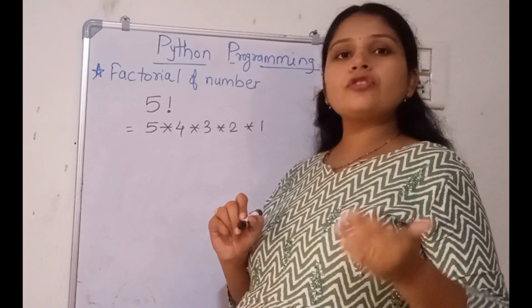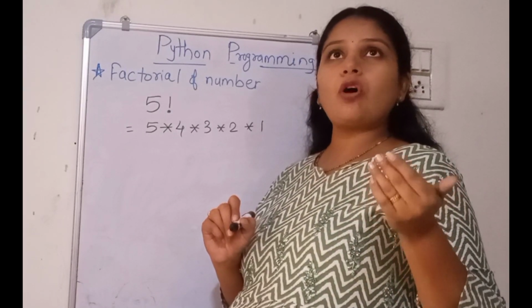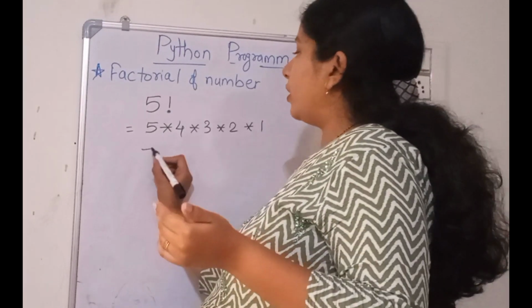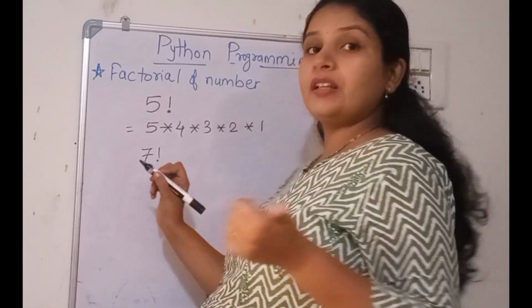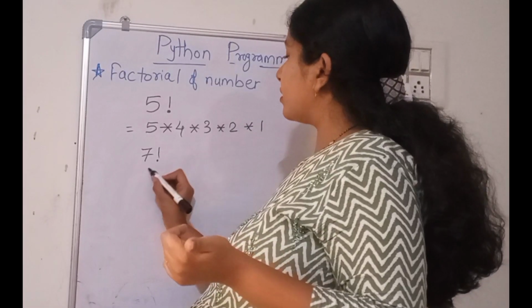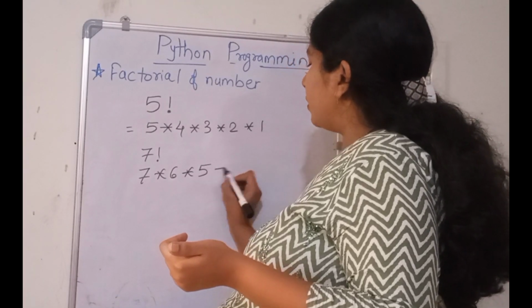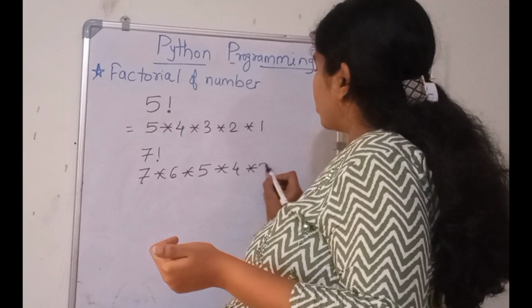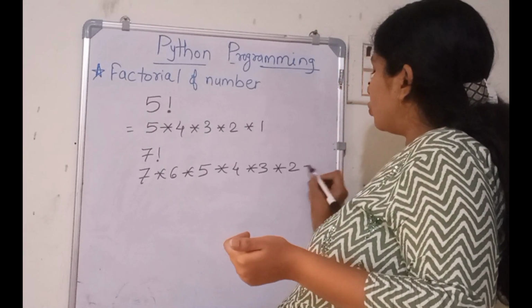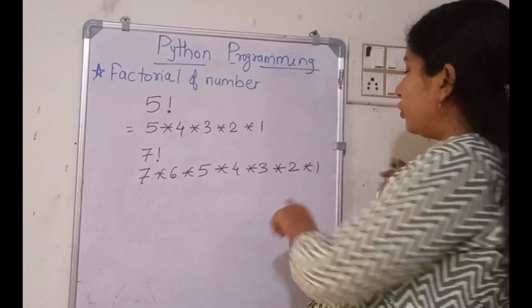Suppose you need to calculate the factorial of 7. If you are calculating 7 factorial, then what will be the result? 7 into 6 into 5 into 4 into 3 into 2 into 1, till you reach 1.